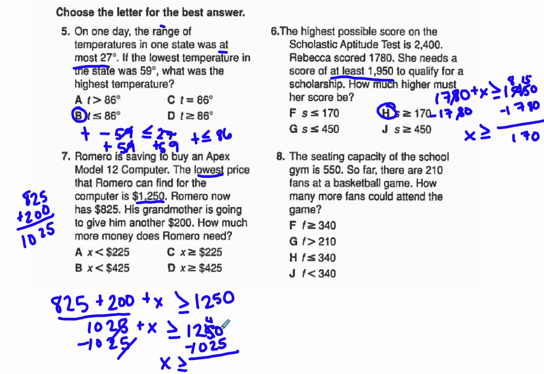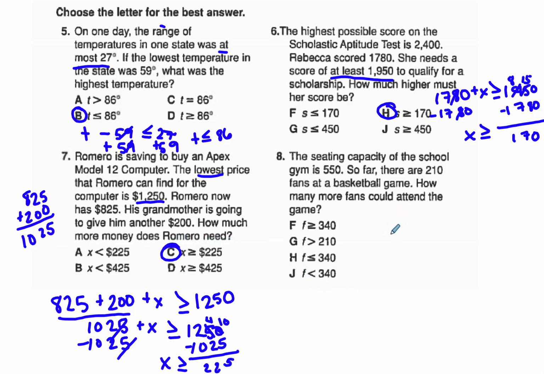Make this 5 a 4. Make this 0 a 10. 10 minus 5 is 5. 4 minus 2 is 2. 2 minus 0 is 2. 1 minus 1 is 0. X is greater than or equal to 225, and it's going to be dollars. So that one's going to be C.